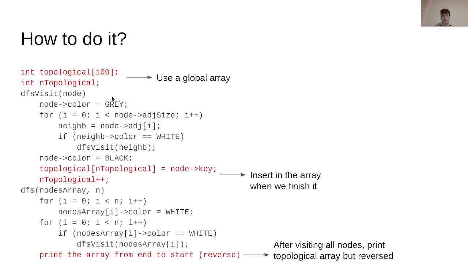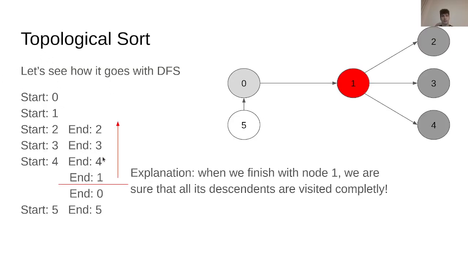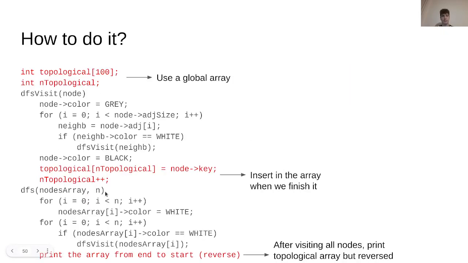So if we take a look at the code, we will do the same as the depth first search. We will use the same two functions, depth first search and DFS visit. But this time we will add a global array in which we will store these ending times. We will save these in an array.